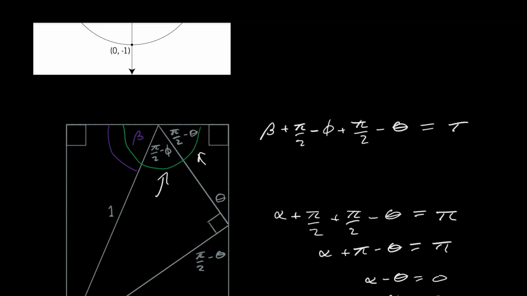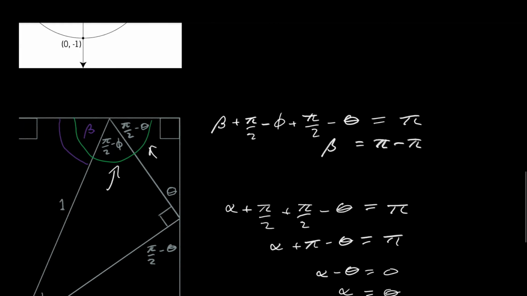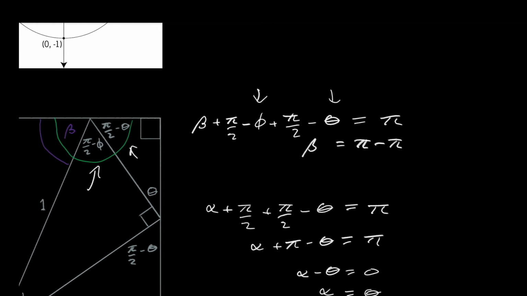So pi over 2 plus pi over 2 is pi. Subtracting pi from both sides, we have beta equals pi minus pi, and subtracting the other two angles as well from both sides, we have plus theta plus phi. Of course, pi minus pi is 0, so we just have beta equal to theta plus phi.